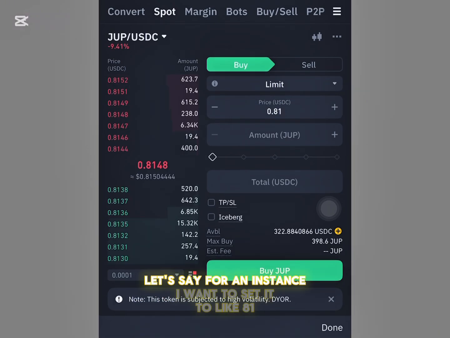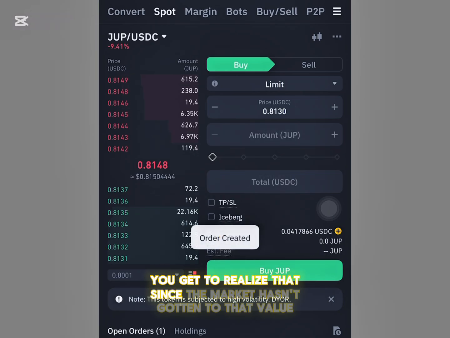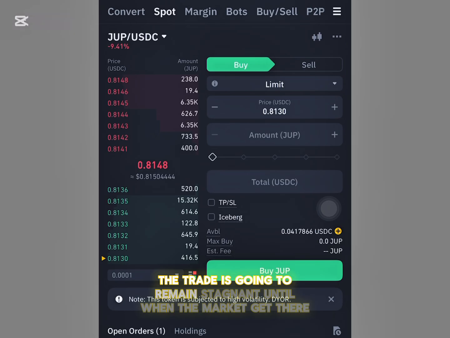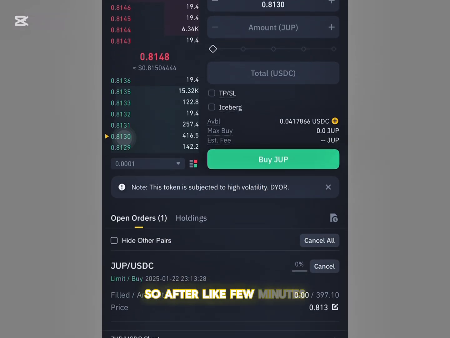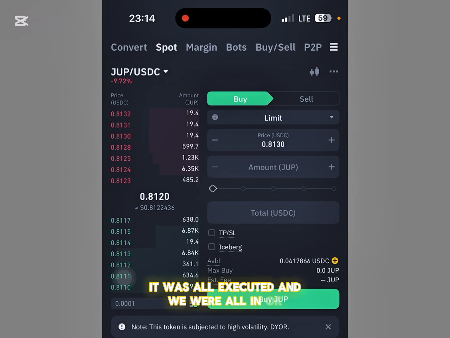Let's say for an instance I want to set it to like 8130 and I place it right there. You get to realize that since the market hasn't gotten to that value, the trade is going to remain stagnant until when the market gets there. So after a few minutes it was all executed and we were all in.